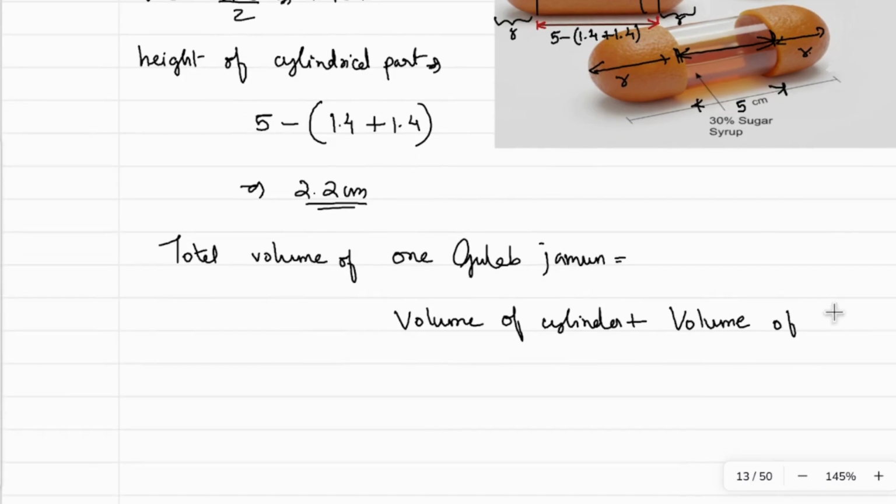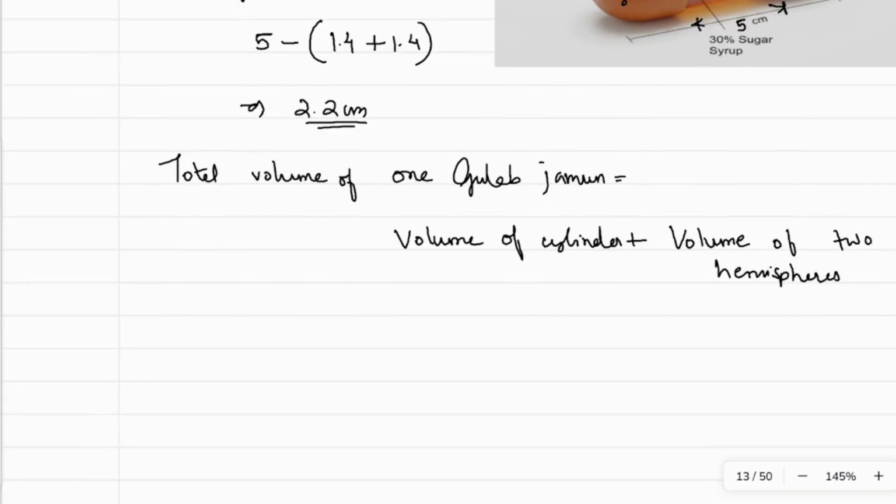Volume of 2 hemispheres, right? So what is the volume of a cylinder? Volume of a cylinder equals pi r square h, plus volume of hemisphere. What is the volume of a hemisphere? It is equal to 2 by 3 pi r cube for one hemisphere.